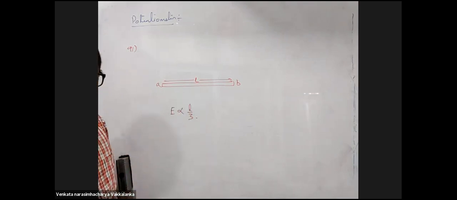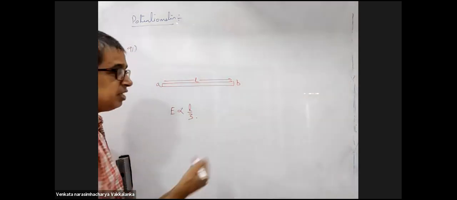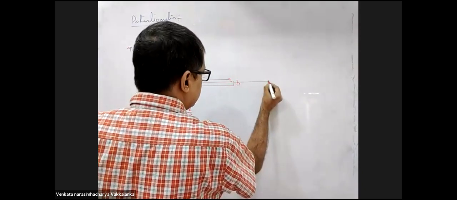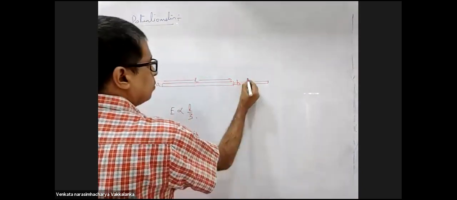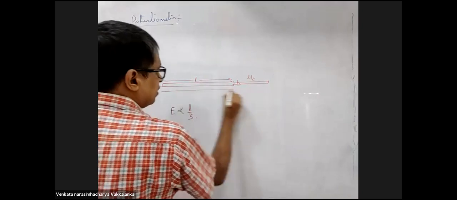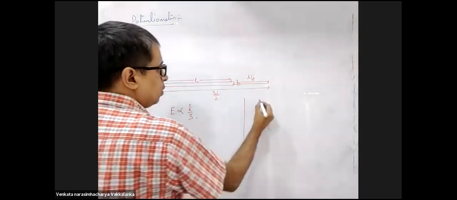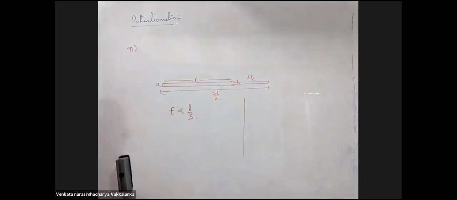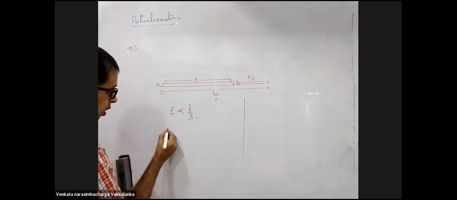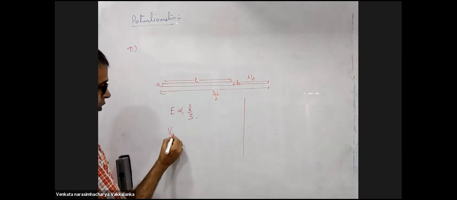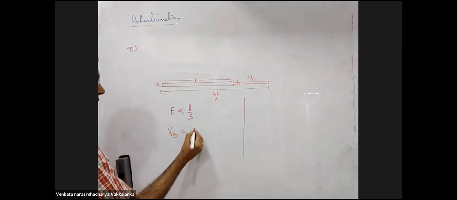Now, if the length of the wire is increased by L by 2, what is the total length? 3L by 2. First of all, potential difference across AB would have been how much?